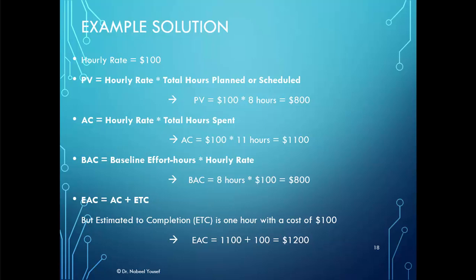The estimate at completion is equal to the actual cost plus the estimate to complete, and we need one additional hour to complete the project at a rate of 100. Then we need an additional amount of 100 to complete. So for the estimate at completion, we add the actual, which was 1,100, to the 100 needed to complete the project, and that's a total of $1,200.